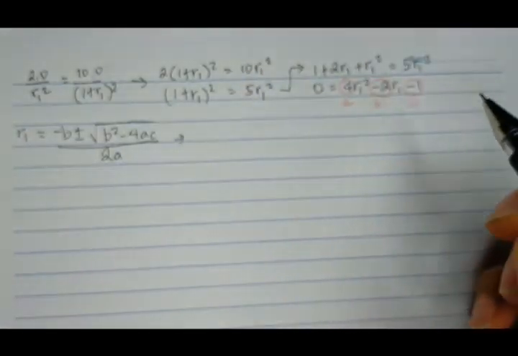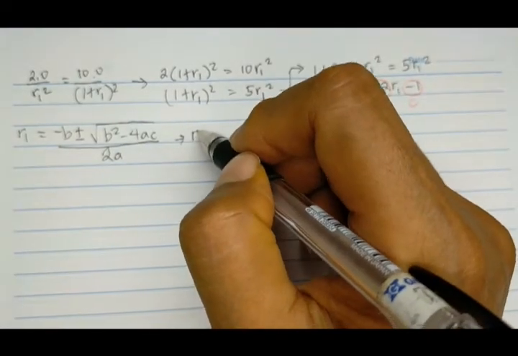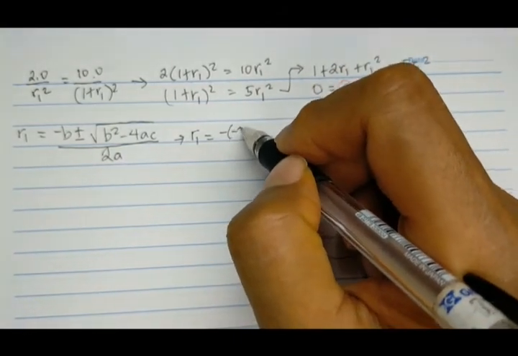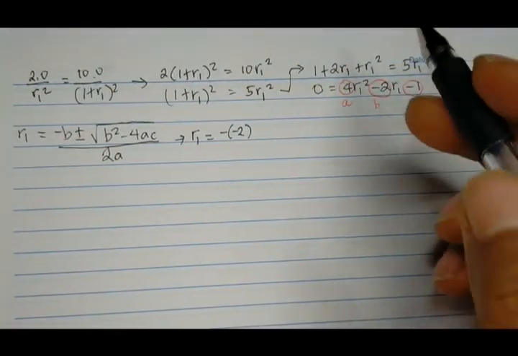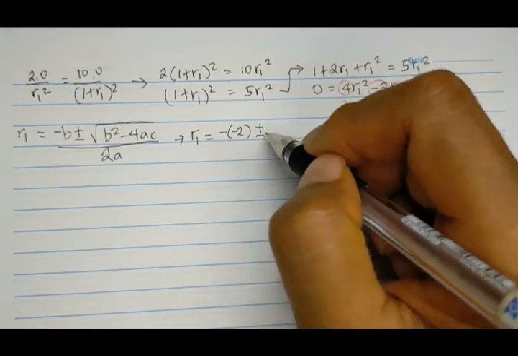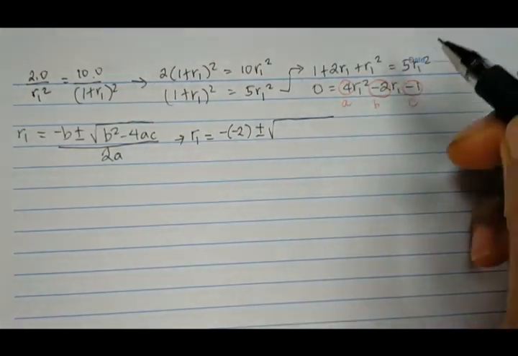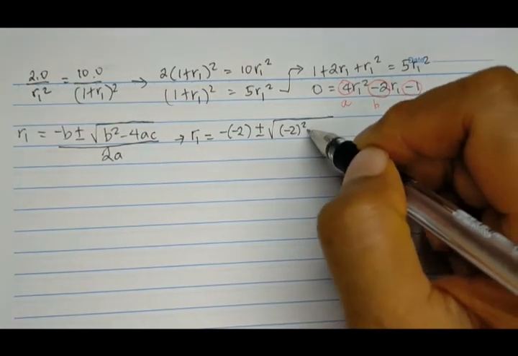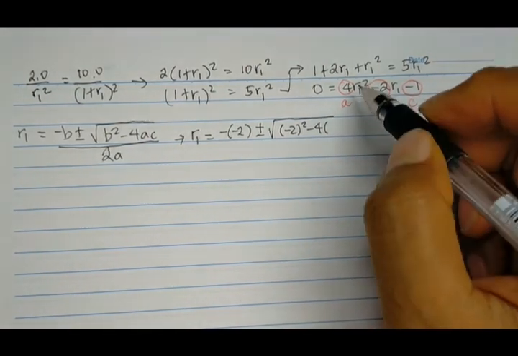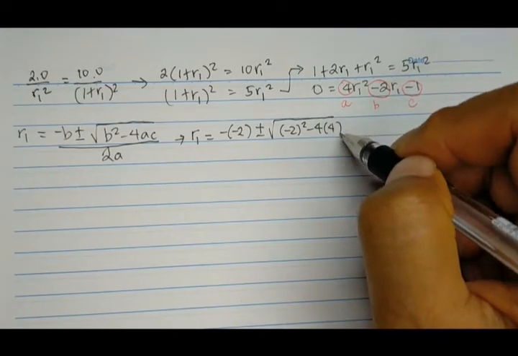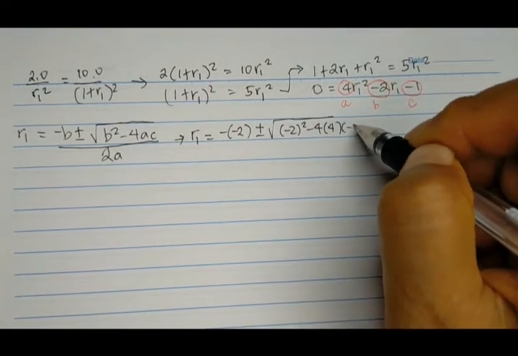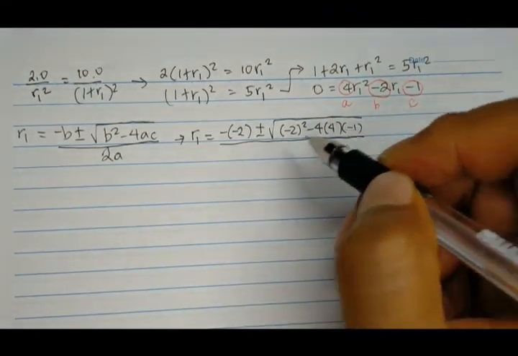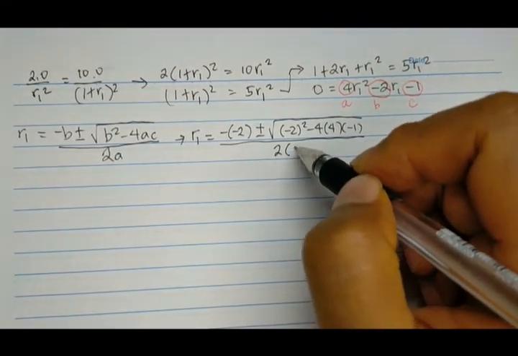So substituting the values, then we have R sub 1 equals negative of negative 2 plus or minus the square root of B squared, so negative 2 quantity squared minus 4 times A, which is also 4, times C, which is negative 1, all over 2 times A, which is 4.